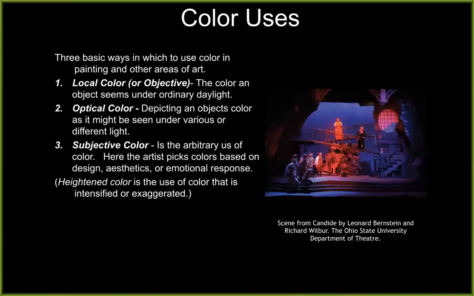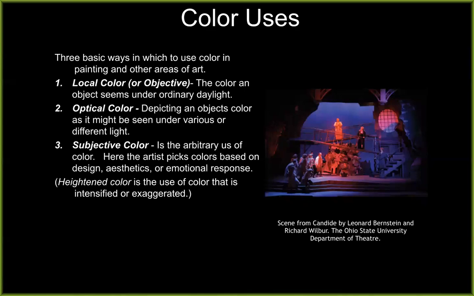And then there's other ways to use color. Local color or objective color is the color that an object seems to have under ordinary daylight. You can create optical color, so you can create color that gives you the sense of a time of day.